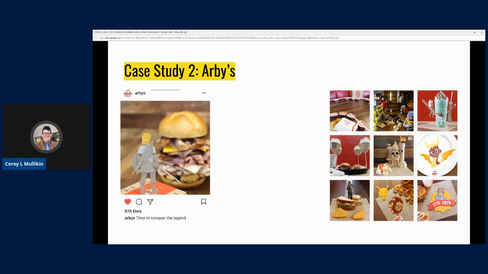And by doing these, they are using hashtags. And when they do these hashtags, people are going to end up finding these images, and Arby's is not going to have to pay for it, right? If I wanted to serve these images to an audience, I typically have to pay.